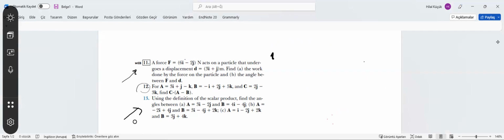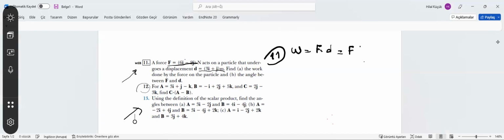Okay, look at 11. It gives a force and it moves with that displacement. Find the work done by the force. I have to find work. I will write its formula, F dot D. There isn't any angle information.